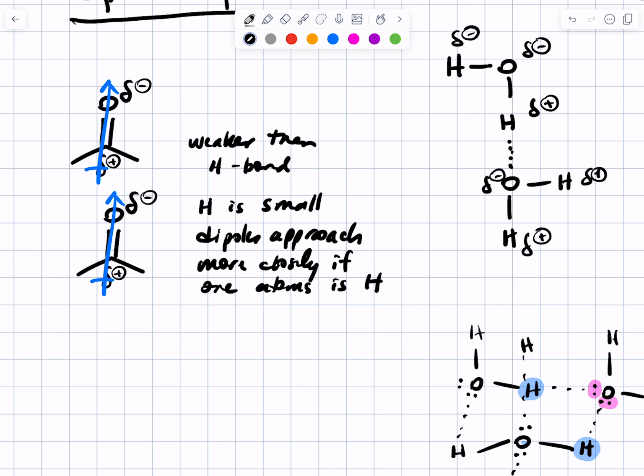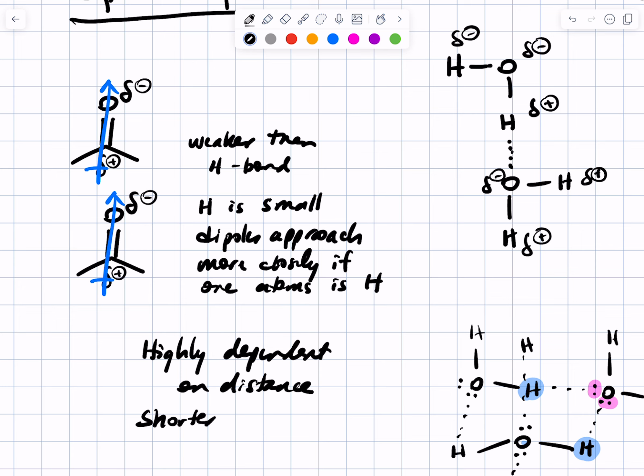And for dipole-dipole or hydrogen bonding interactions, these are highly dependent on distance. And because they involve partial charges, they are shorter range than ion pairs. So what I'm saying is just because of sterics, this carbon can't get very close to that oxygen, and so the interaction is not quite as strong. Okay.